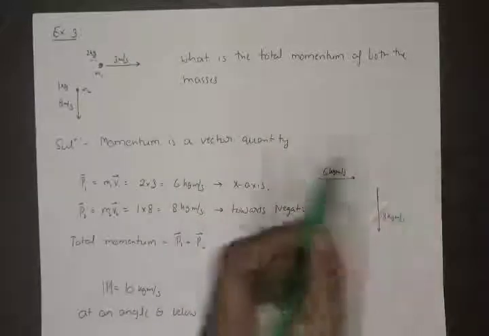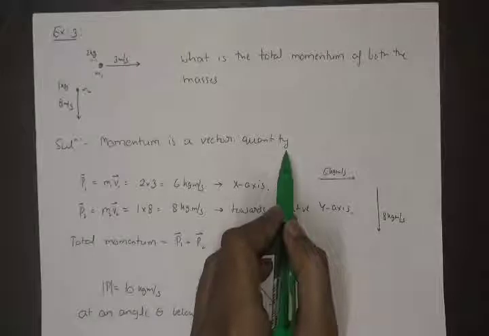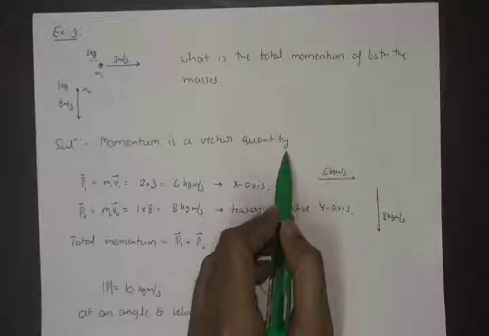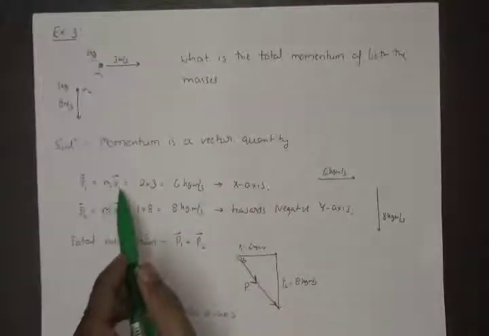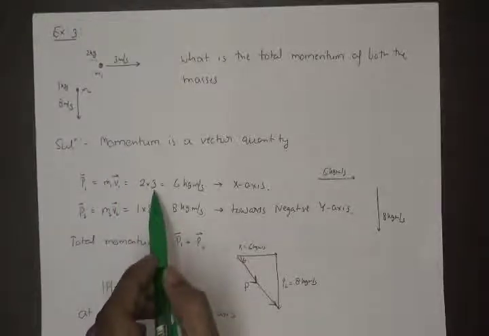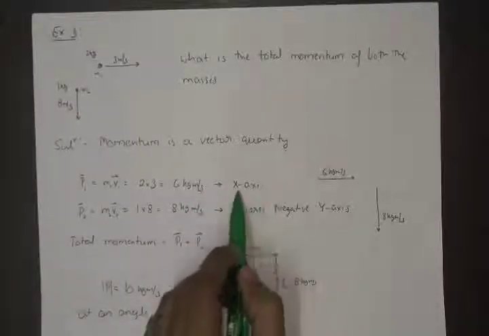We know that momentum is a vector quantity, and any vector quantity will add or subtract like vector quantities. The momentum of the first particle is equal to m1 into v1 vector, which is equal to 2 into 3, which is 6 kg meter per second in magnitude, and the direction is x-axis.